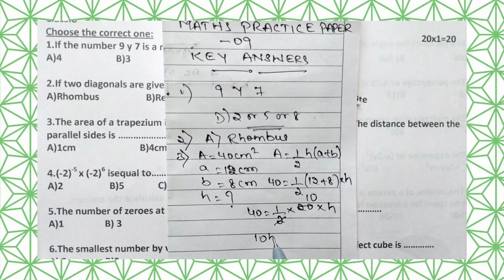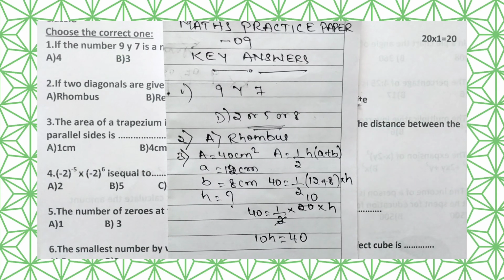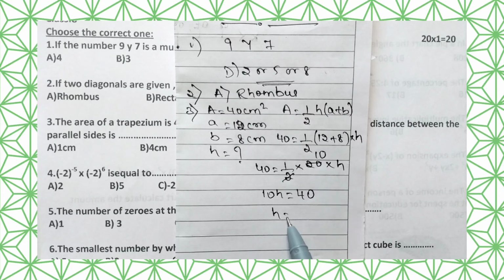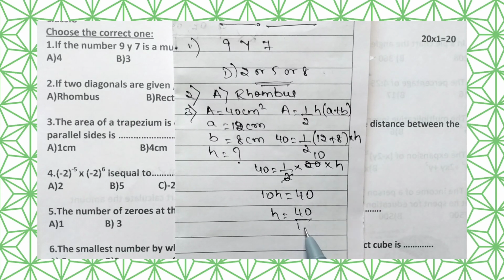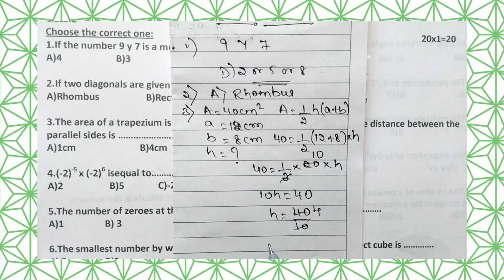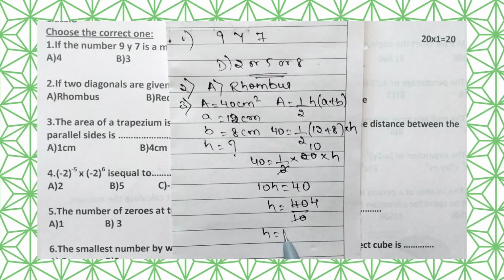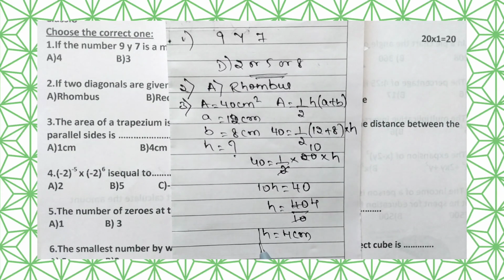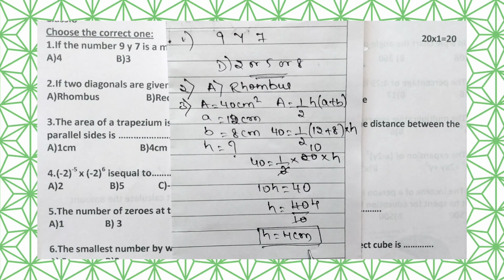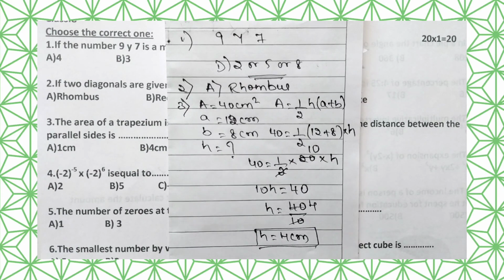So 10h is equal to 40. h is equal to 40 divided by 10. 10 fours are 40. Therefore h is equal to 4 centimeter. Therefore the altitude of the trapezium is 4 centimeter.